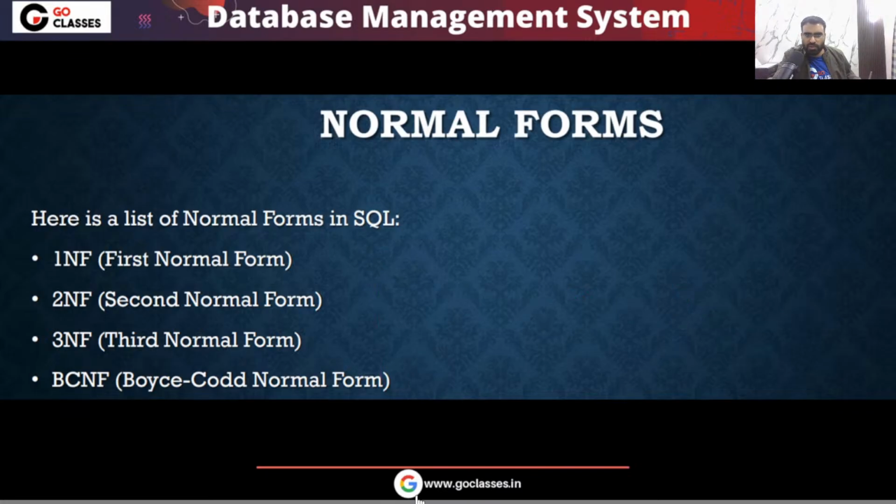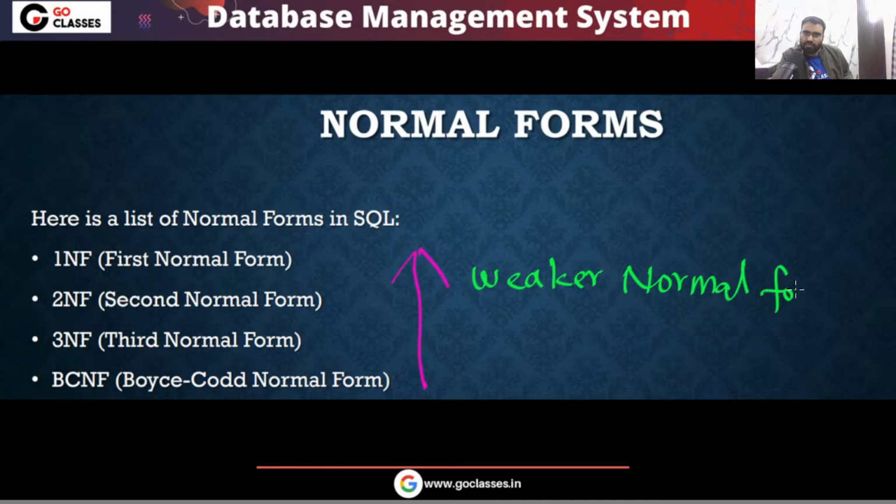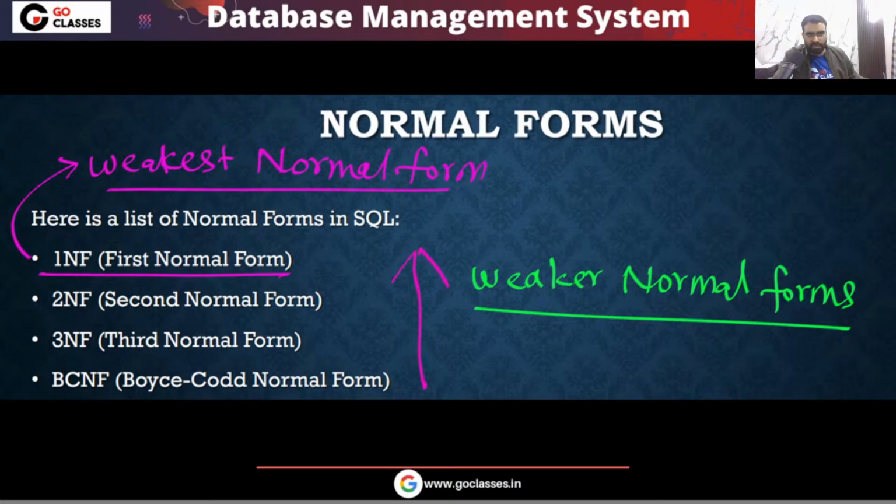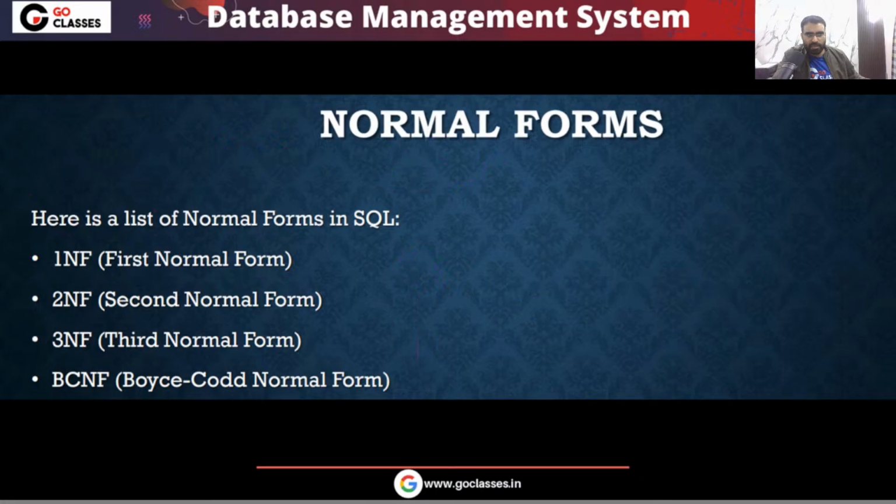And also let me tell you, when you go in this direction, then we are getting weaker normal forms. Is this clear? For example, this 1NF is the weakest normal form. I told you the definition of normalization, yes or no?